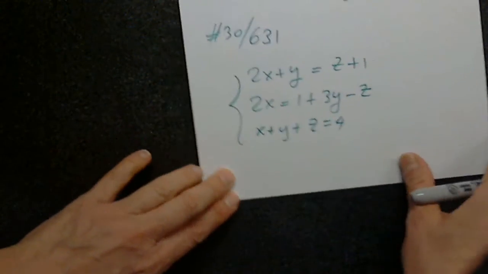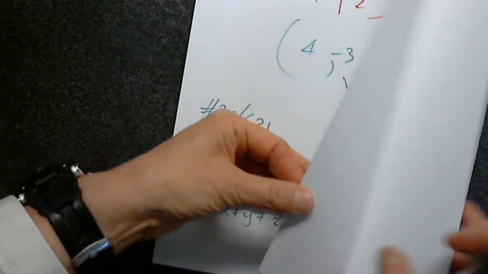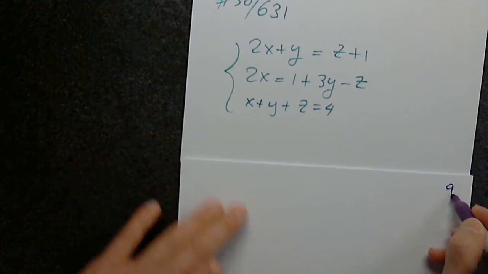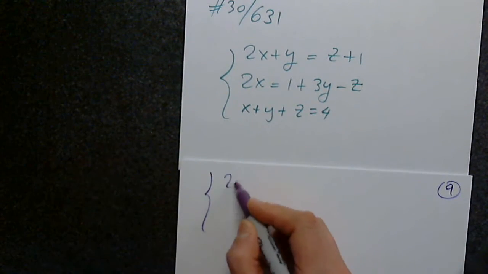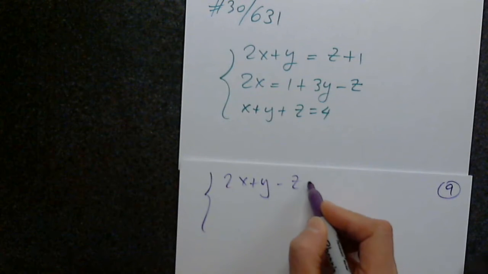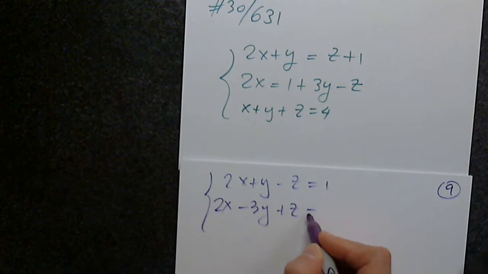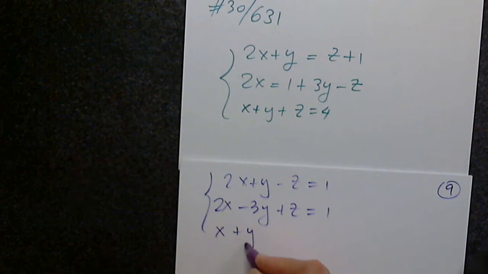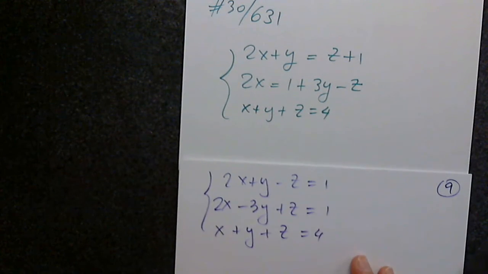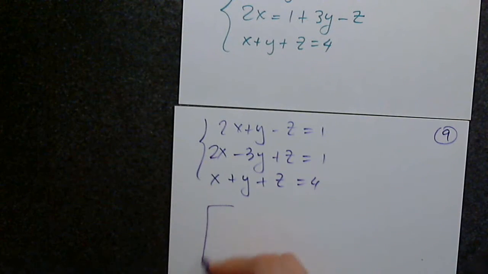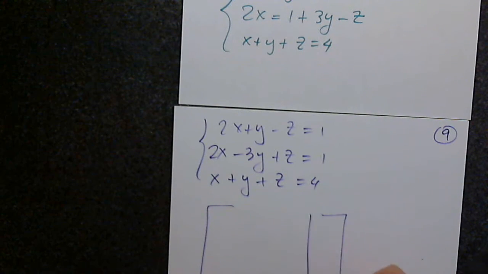So I will rearrange the system and write 2x plus y minus z equals 1. 2x minus 3y plus z equals 1. x plus y plus z equals 4. This is a mandatory step. After you're done, I'm waiting for you to give me the augmented matrix.